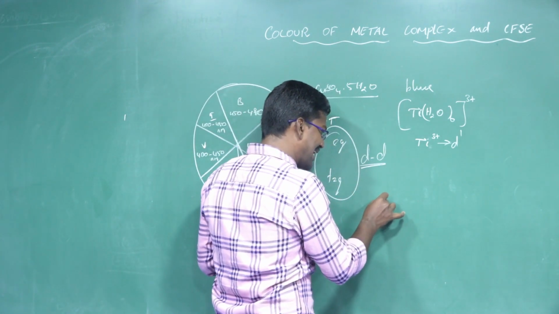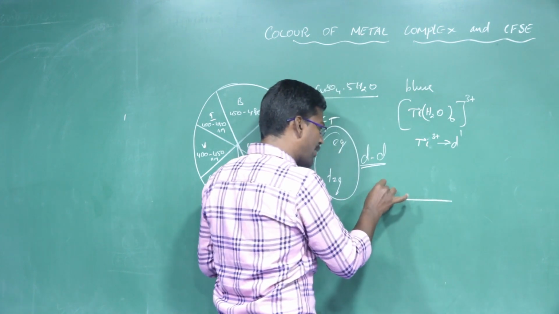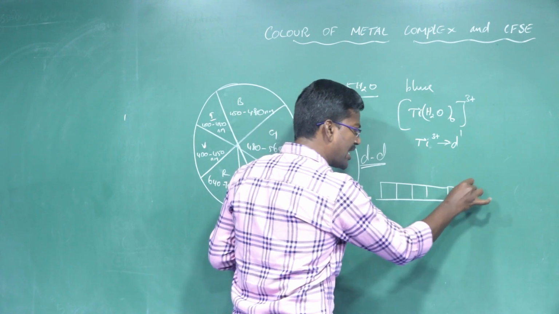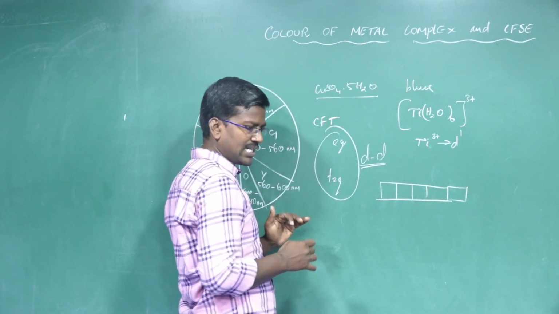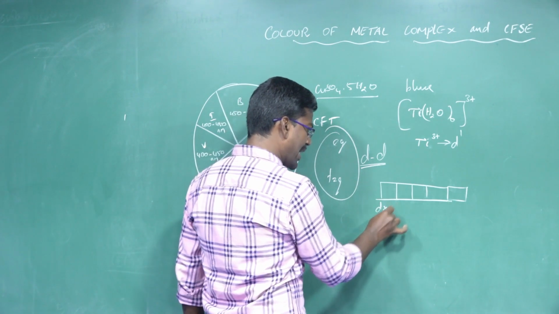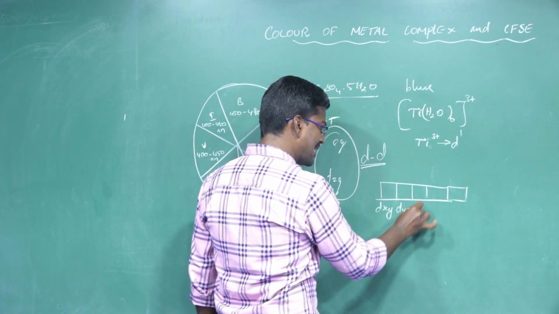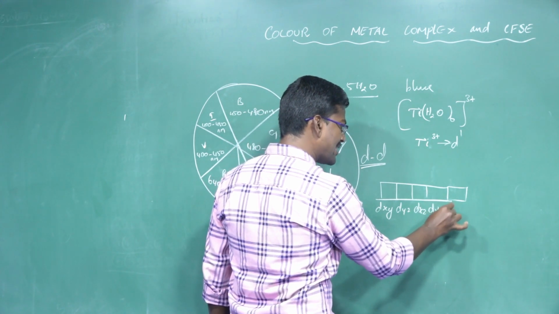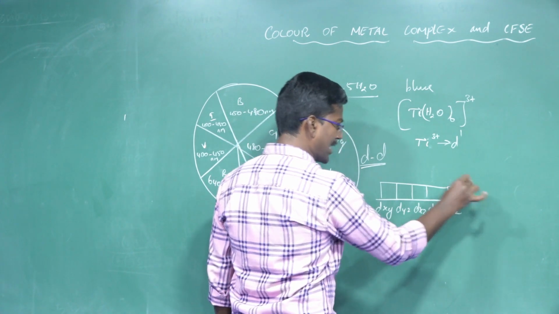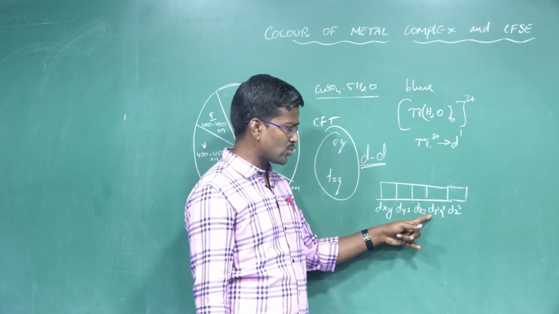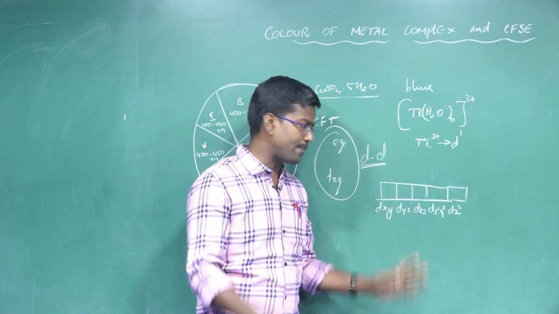The d subshell consists of a total of 5 orbitals: dxy, dyz, dxz, dx squared minus y squared, and dz squared.